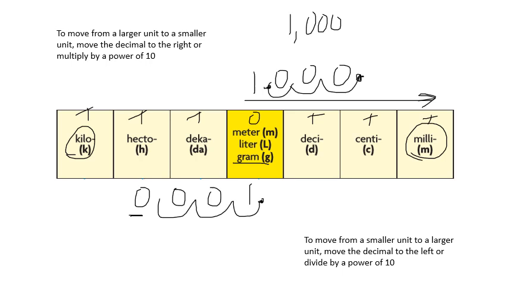I put this 0 here because there has to be something to separate my whole section and my fraction section. All right. So in this case, there are 0.001 kilograms, and it equals 1 gram.